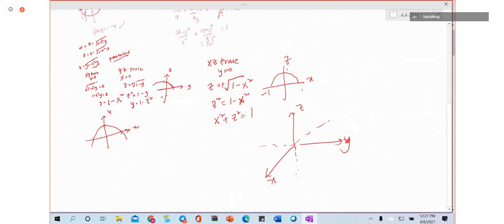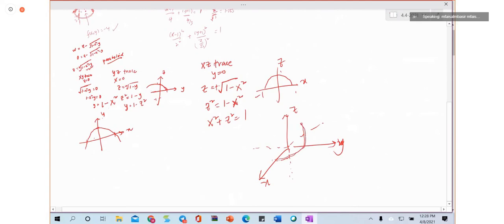Okay, try to imagine the graph. Take time. Yx, it is maybe like this. Then what else do we have? Zx.